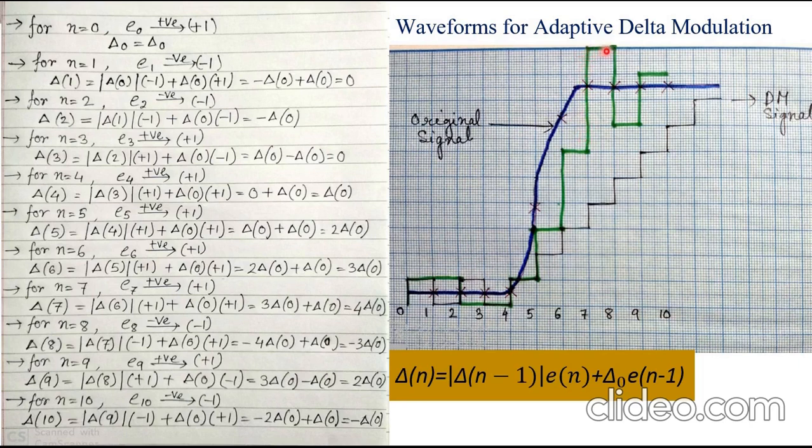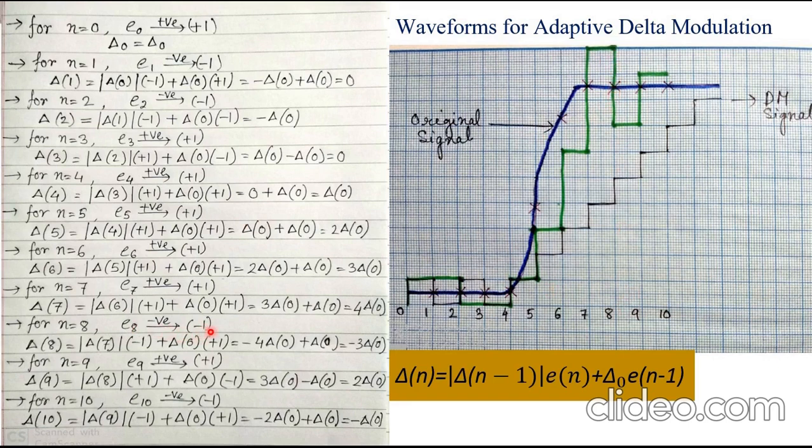Okay. Now for n equal to 8. For n equal to 8, error will be E8. Now see, here original signal is less than staircase. So it means error is negative. So here error is negative. So you send -1.